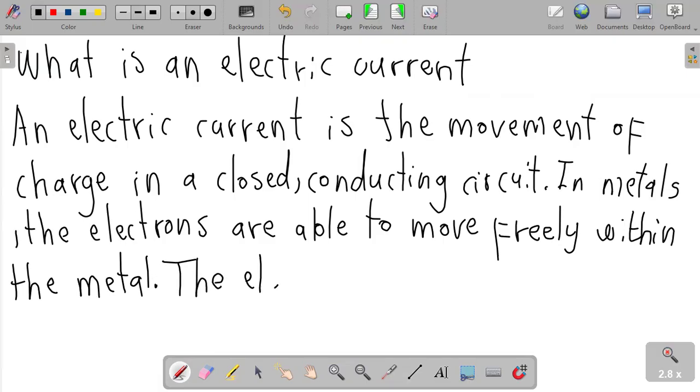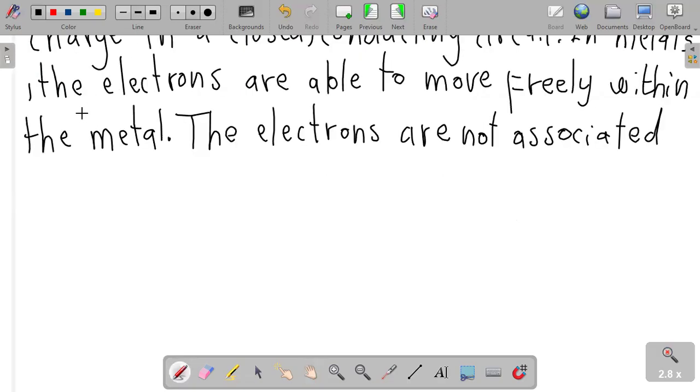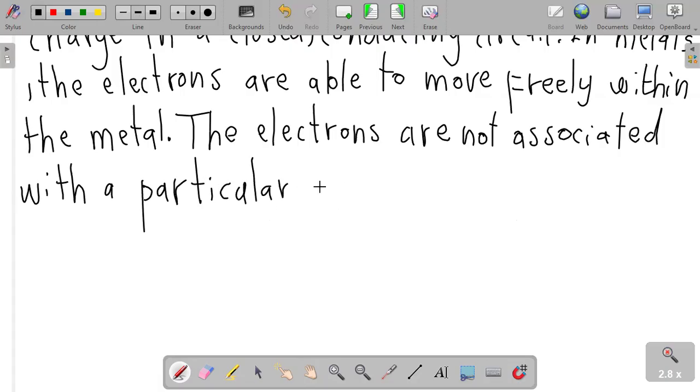The electrons are not associated with a particular atom in the metal.